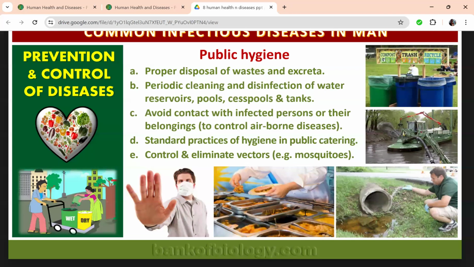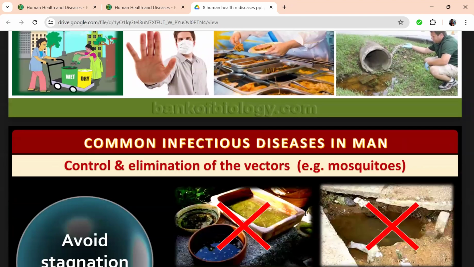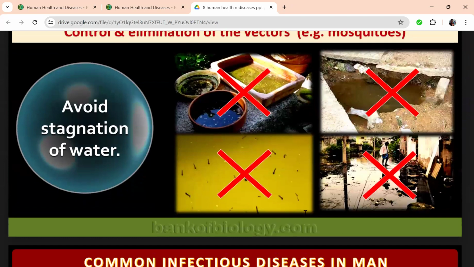Avoid contact with infected persons or their belongings to control airborne diseases. Standard practices of hygiene should be followed in public catering, and we should control and eliminate vectors, for example mosquitoes.